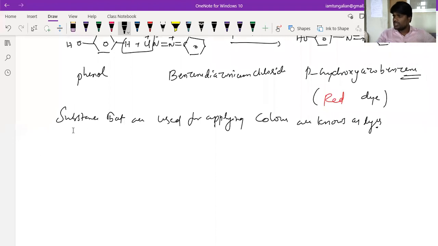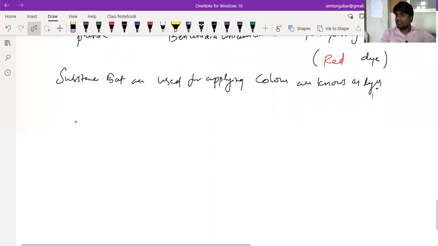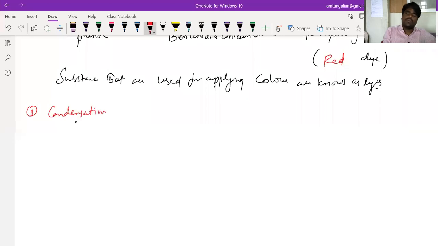Another reaction of phenol is condensation of phenol with formaldehyde. What does this mean?